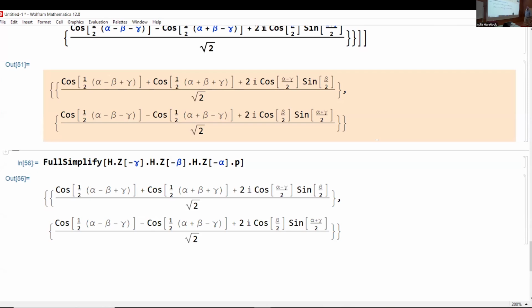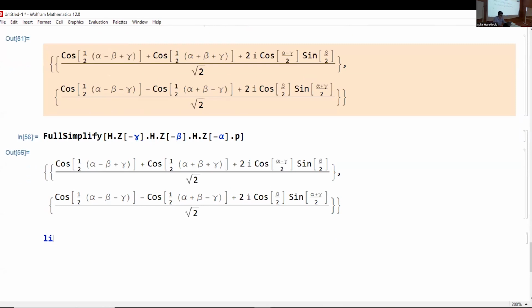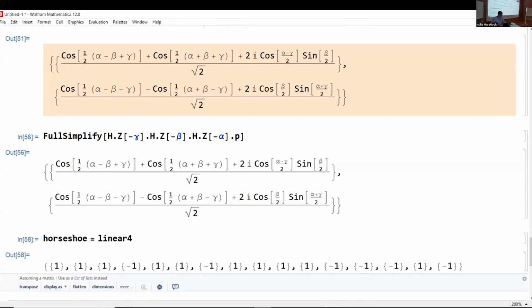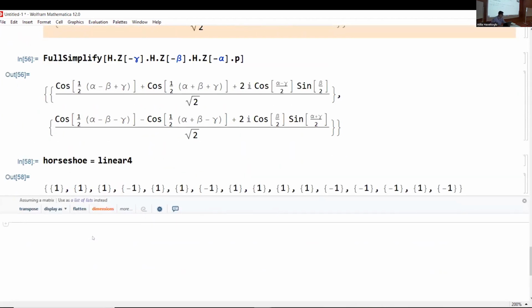So now let's see how this pans out. My initial cluster state is still linear 4, still the same state physically. However, now let's call it a horseshoe. Now, what I want to do, I want to do a measurement on qubit 2 and 3, and do a measurement on the horseshoe.